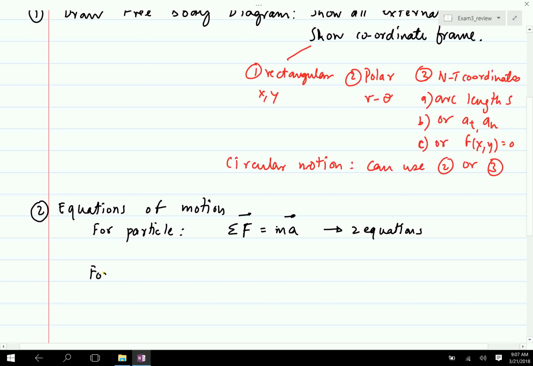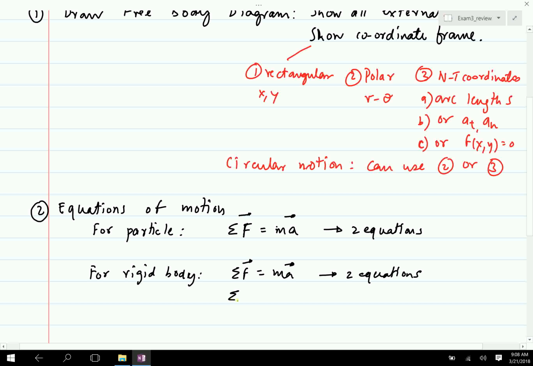For rigid bodies, you'll have two equations from this. Again, depending on the coordinate frame, you'll set up the two equations.